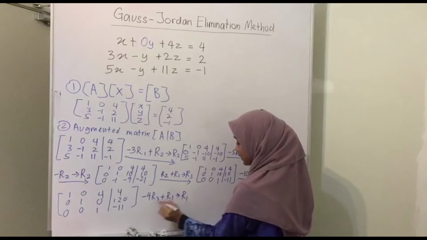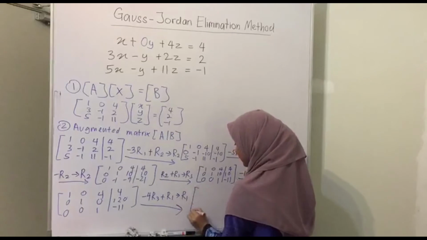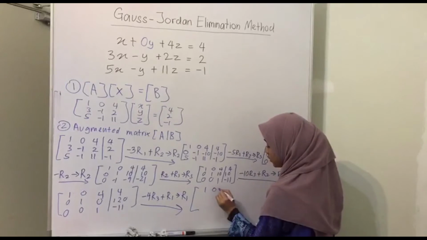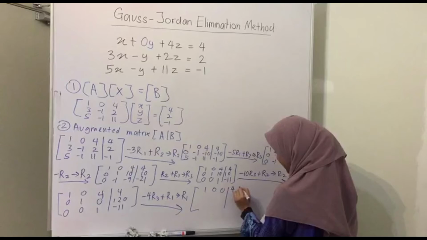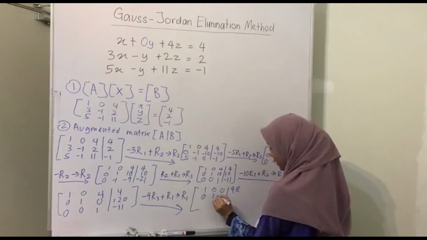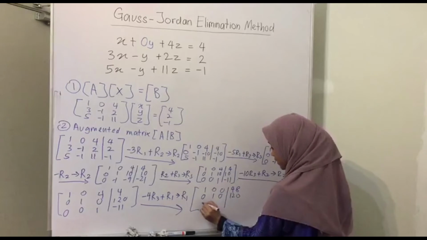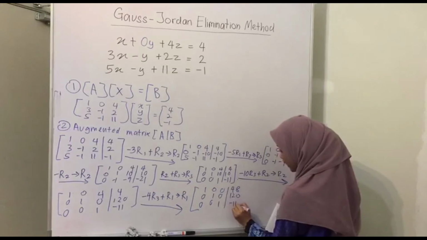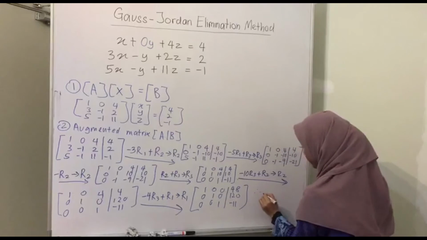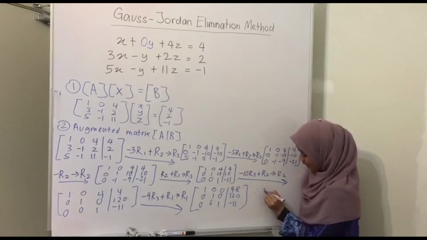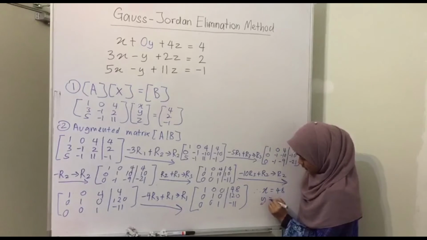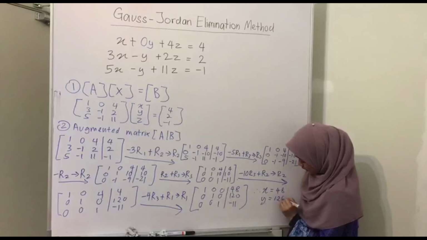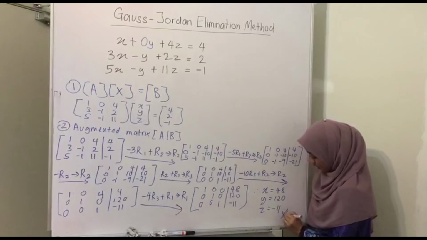Okay, so here 1, 0, 0, 48, 0, 1, 0, 120, 0, 0, 1, negative 11. So the answer is x equal to 48, y equal to 120, z equal to negative 11. This is the answer. Alright?